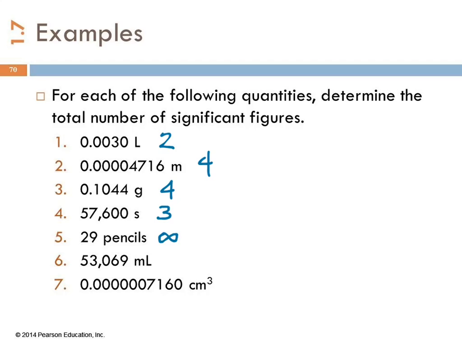Unlimited. 5,069 milliliters. 5. And that last one. 4. Good. So trailing 0, there's a decimal point here, and so that trailing 0 is significant. These guys are all leading zeros. It doesn't matter that some of them are after the decimal point. Any questions?